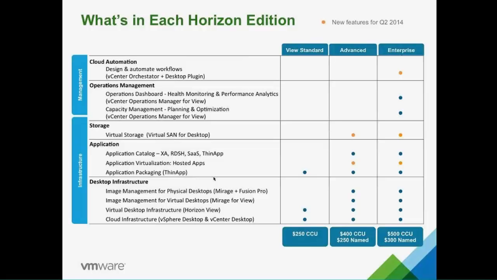In addition, you're also getting the operations dashboard inside of vCOps so that you do health monitoring and analytics and all of that. And then at the very top there, you see that we've also added vCenter Orchestrator into this. What does that do?